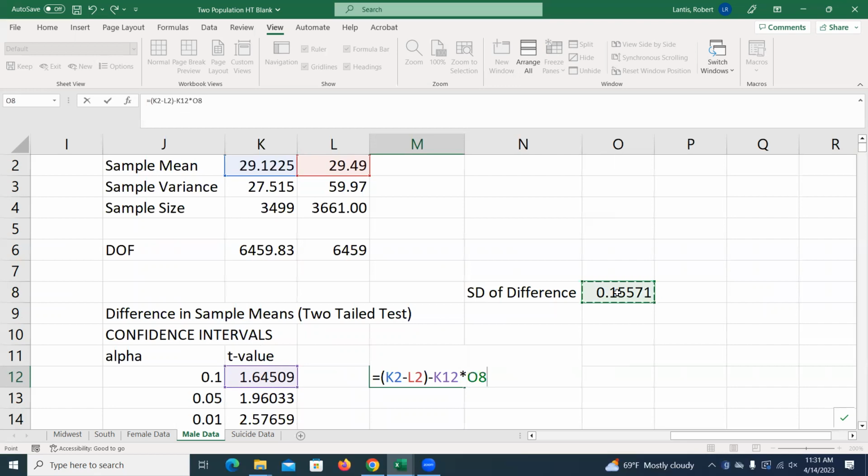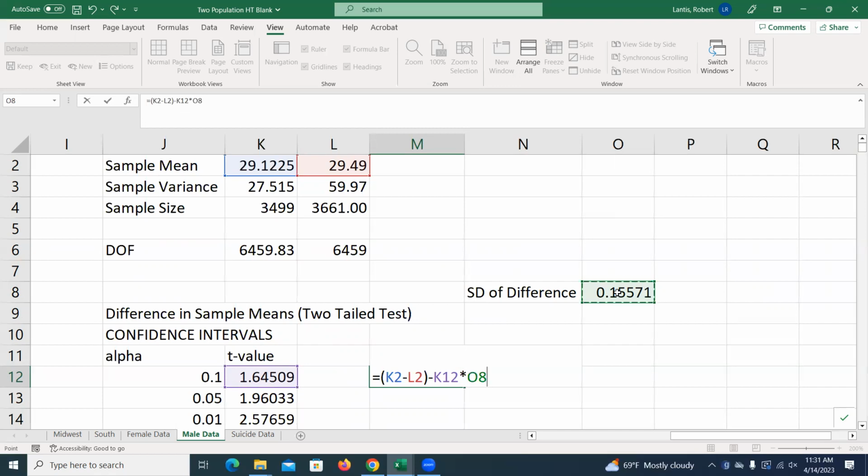Now, one other thing I'll point out here is when I have a really high sample size, we can get a really, really narrow range of values for this confidence interval, right? So if I think about my sample size going up, what's going to be happening to the standard deviation of the difference in my sample means?